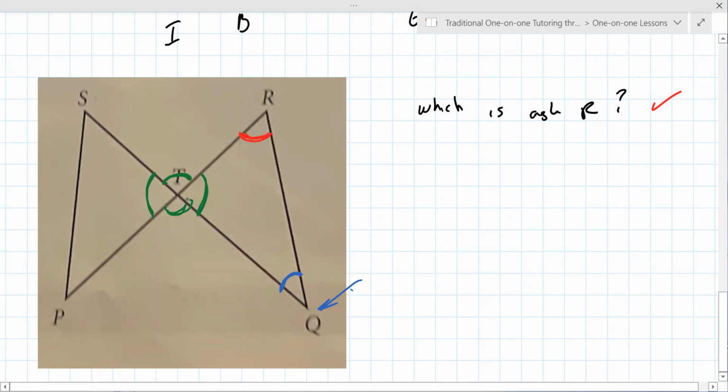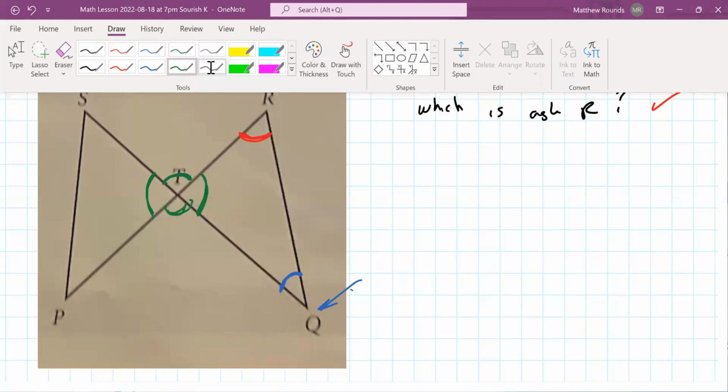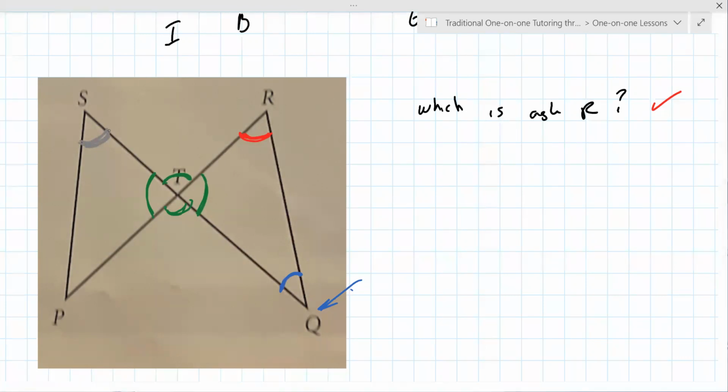But what about S? Is S a single angle, or is there more than one angle that S could be referring to? It's just one angle. There's only one angle you could be referring to when you say S. Same with P.